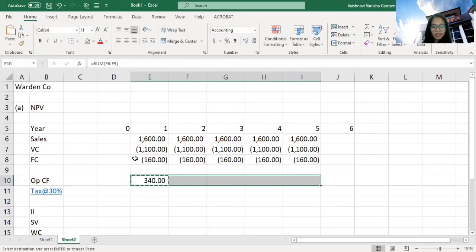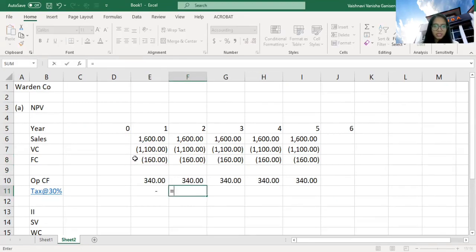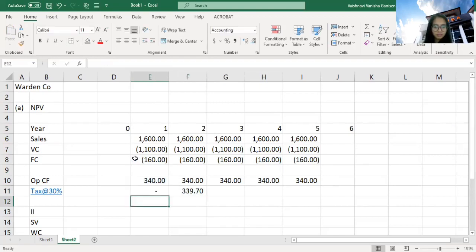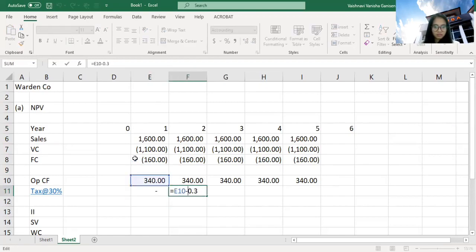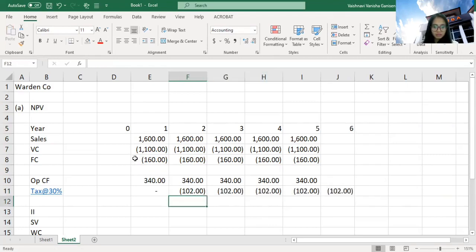Copy and paste. Your tax, because it's in arrears, in year 1 you put 0. Here you just put negative. Okay, copy and paste. Initial investment, your initial investment is 800,000.